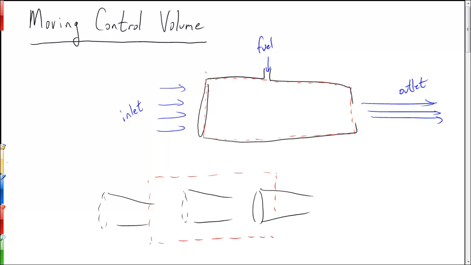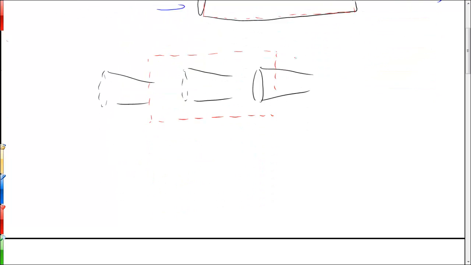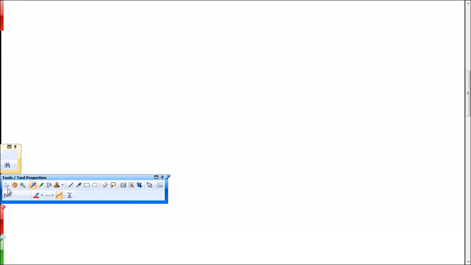So now the control volume and the engine are moving along together, and so we have a different question, which is now how do we deal with the fact that the perceived inlet flow or the perceived outlet flow or even the perceived fuel flow are different whether you're moving along with the flow or not. And to deal with that, we have to rewrite the Reynolds transport theorem to deal with relative velocities.